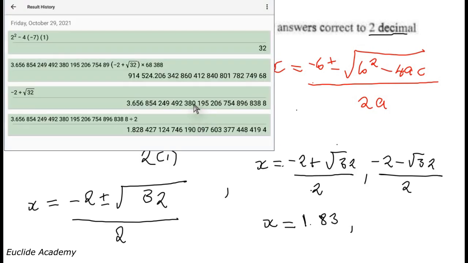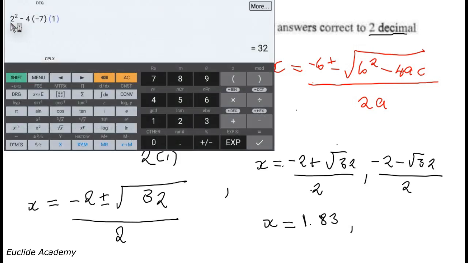Different calculators have different ways of pulling up the history. For calculators like Casio, I think it should be the up or down arrow. It will bring you the history of the values you entered. So all you have to do is go to where there's the negative sign.